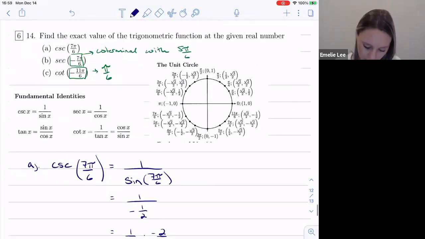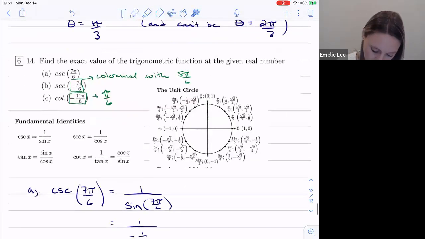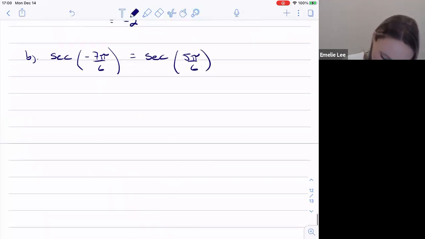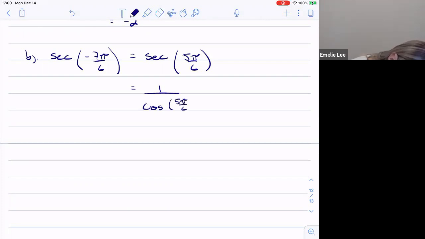And from the identities, right, we've got the secant of some angle is the same as 1 over the cosine of that angle. And so now I'm going to rewrite this as 1 over the cos of 5 pi over 6.